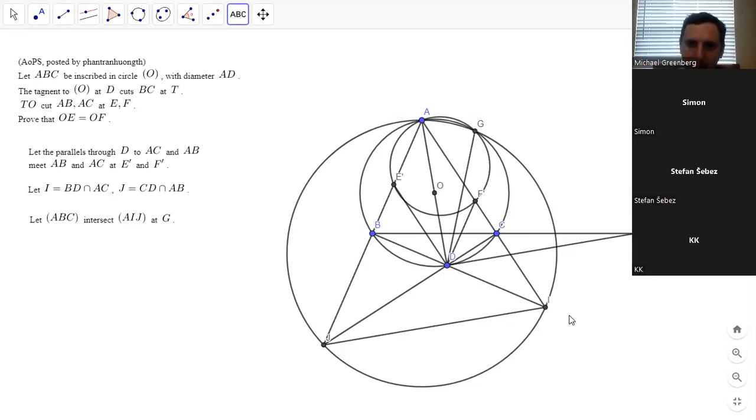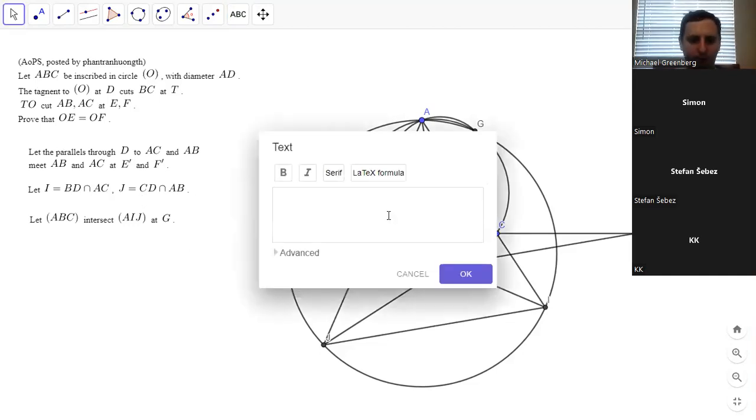How do we use the parallel? Angle JDE prime is 90, and also IDF prime. Okay. So angle JDE prime equals angle IDF prime equals 90.